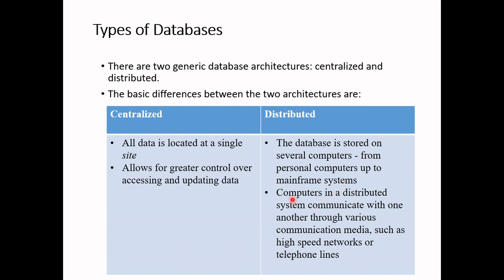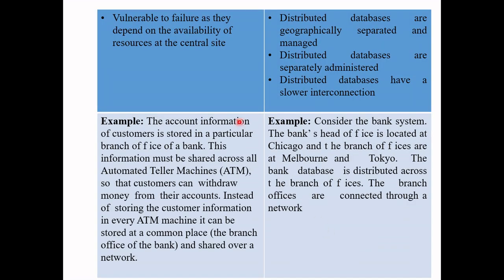In a distributed database, computers in a distributed system communicate with one another through various communication media, such as a high-speed network or telephone line. As we have multiple computers over here, they communicate with each other through various communication media. Centralized databases are vulnerable to failure as they depend on the availability of resources at a central site.